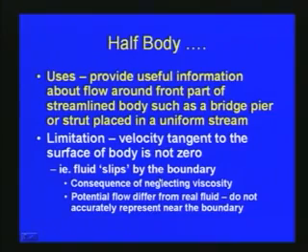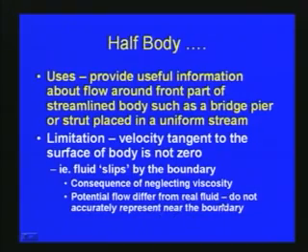The main limitation here is that the velocity tangent to the surface of the body is not zero, which is not realistic, that is, the fluid slips by the boundary. This is a consequence of neglecting the viscosity. The fluid slips by the boundary, and the potential flow differs from the real fluid, so it does not accurately represent flow near the boundary.